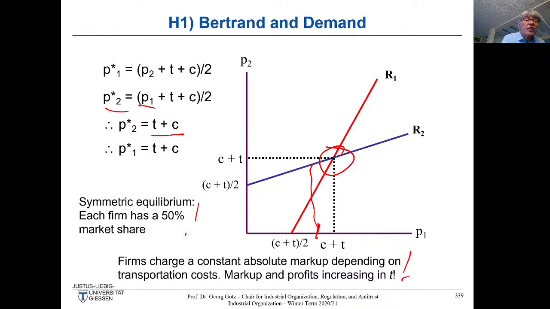What is obvious, clear in a symmetric equilibrium, each firm will have a 50% market share. That's not very, very surprising. But what is interesting here is that the markup is determined by the transport cost, and we have a constant absolute markup.